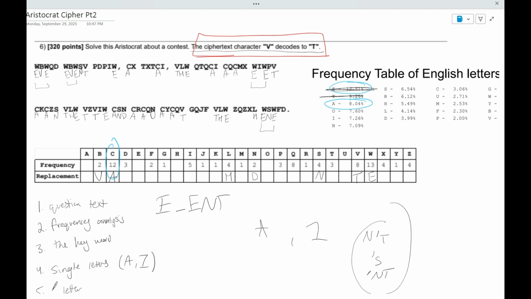Okay. So let's try looking at our next frequency. The next highest frequency, which I can see here, is Q, and that corresponds to O. So if we try putting Q as O over here, we'd get Evior. So that's probably not going to work out. So let's not take a look at that frequency.